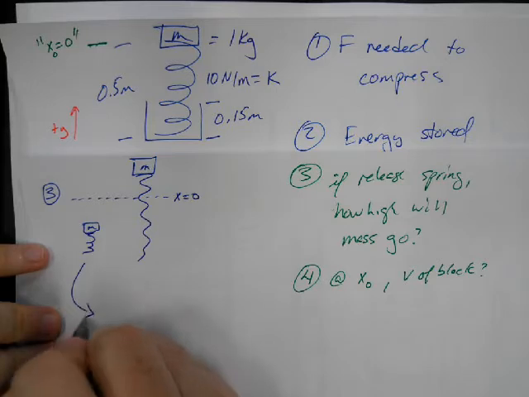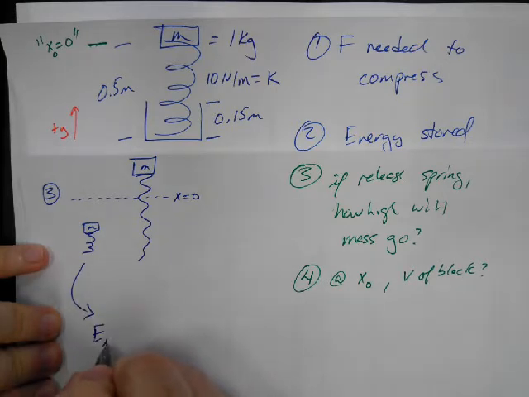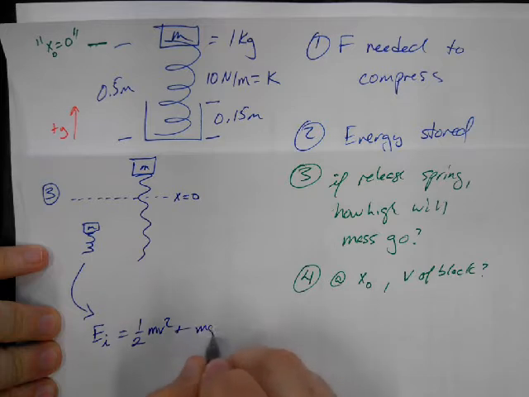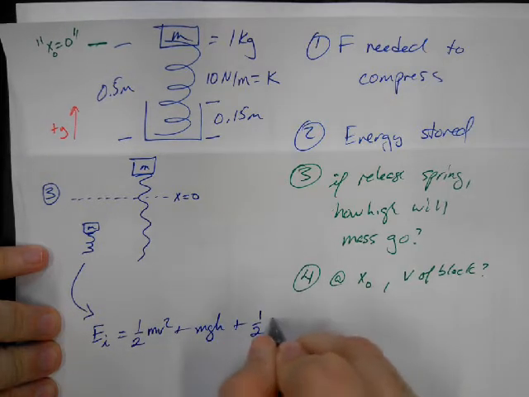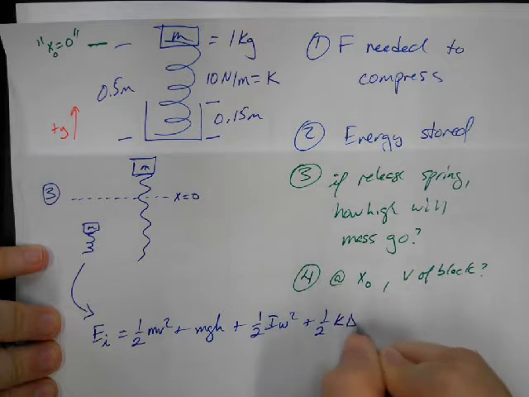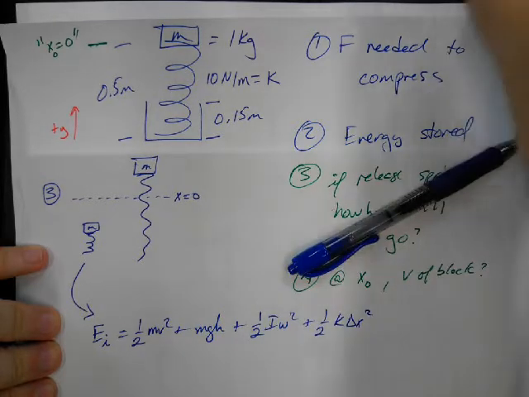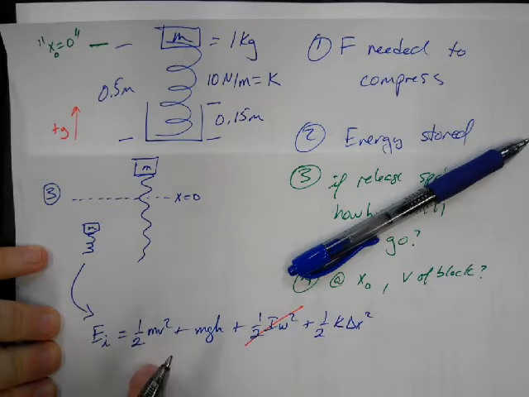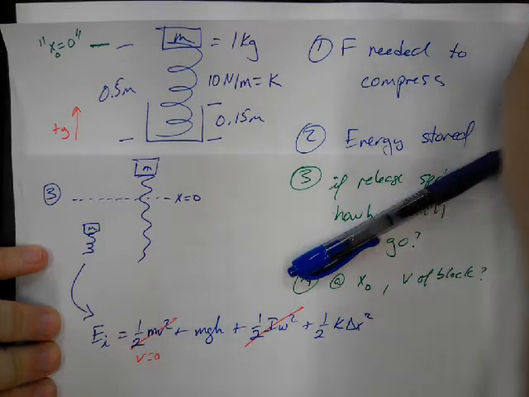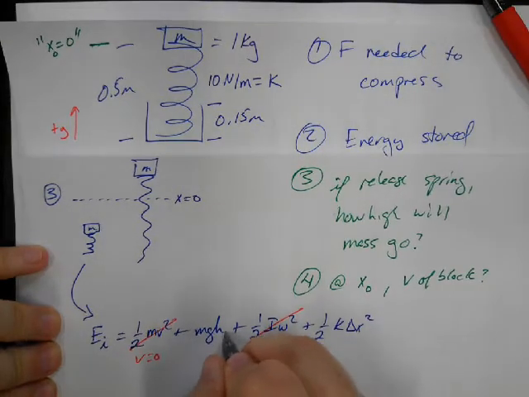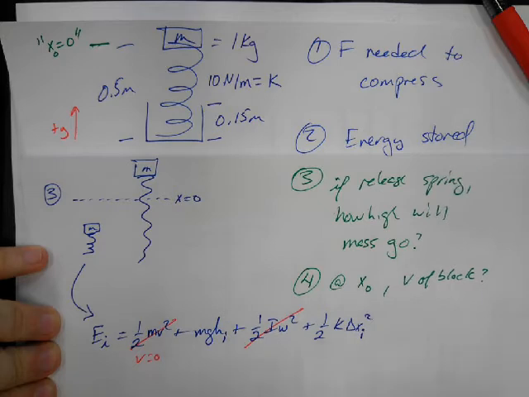In this case, our initial energy is 1/2 mv squared plus mgh plus 1/2 I omega squared plus 1/2 k delta x squared. It's not a rotating thing, so we can drop that. And at the moment it's not moving, v is 0, so that goes away. We're just left with the other 2 terms, h initial and delta x initial squared.